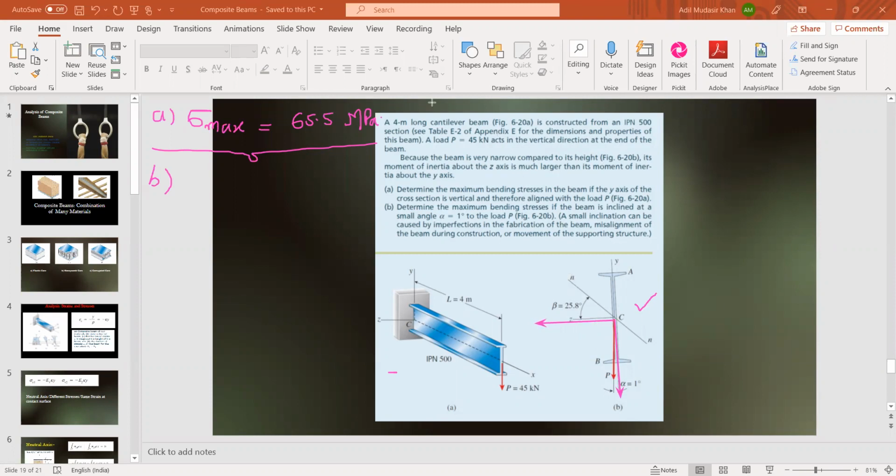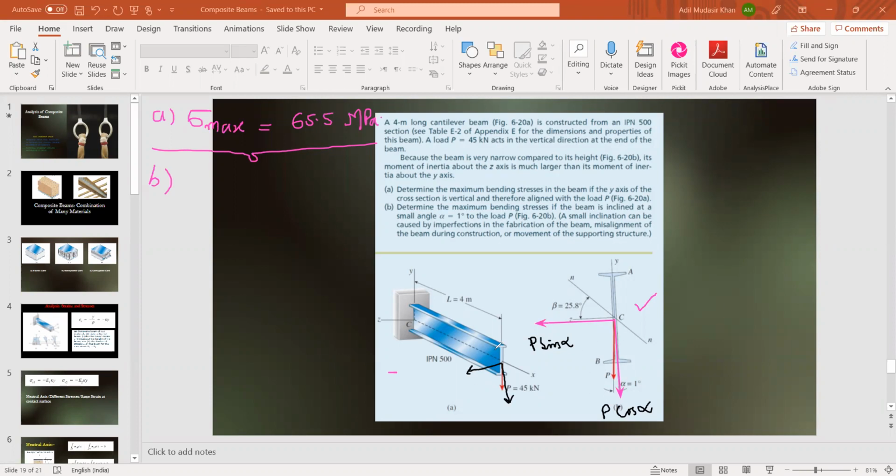Okay, so the load along this axis will be P cos of alpha, and the load along this direction will be P sine of alpha. Fine. Now the load is now inclined, so in this direction you are having P sine alpha, and in this direction you are having P cos of alpha.